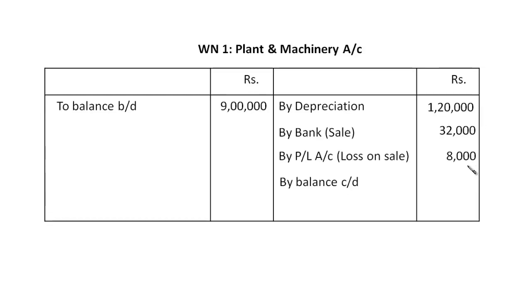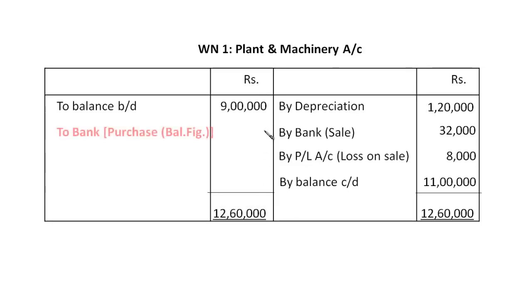Ideally the balance should have been 7,40,000, but you have the balance as 11 lakh. It means you have some purchase to the extent of 3,60,000. Let's check that. We'll take the total on the higher side, which is 12,60,000. So we'll have it here also 12,60,000. Compare 12,60,000 with 9 lakh. You have a difference of 3,60,000 and that represents fresh purchase of plant and machinery for 3,60,000.